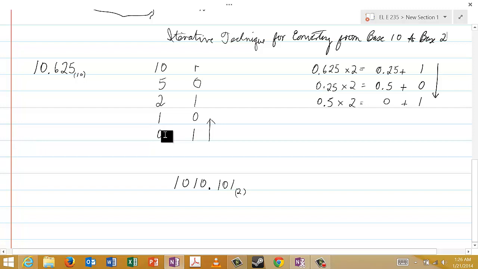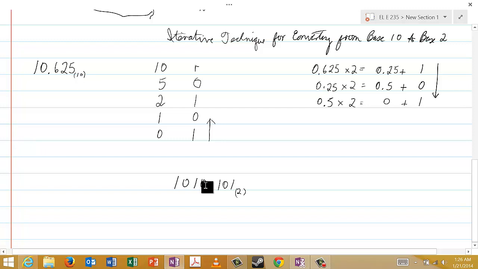So since we've got a 0 here in this column on the left, we stop. And we now look at our remainder column from the bottom to the top. And we have 1, 0, 1, 0. What this tells us is that when we write this number in binary, the whole number part will be 1, 0, 1, 0, as we can see down here.